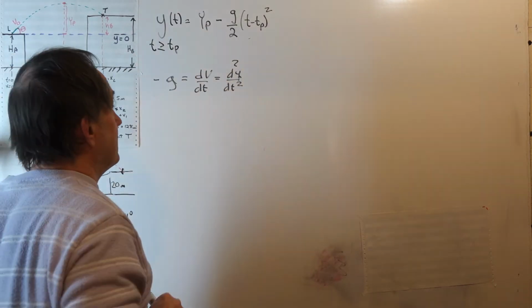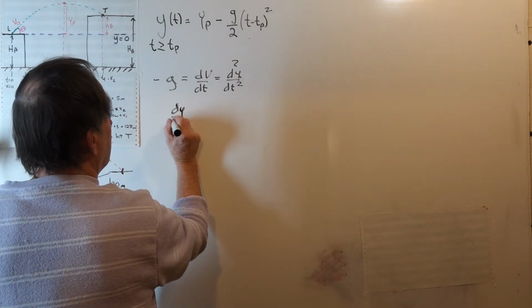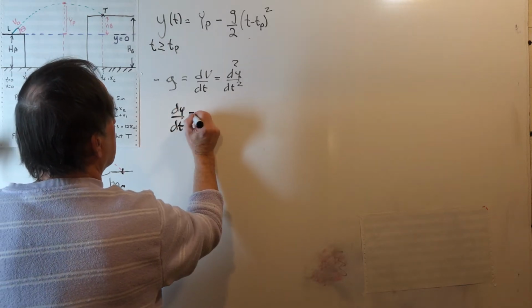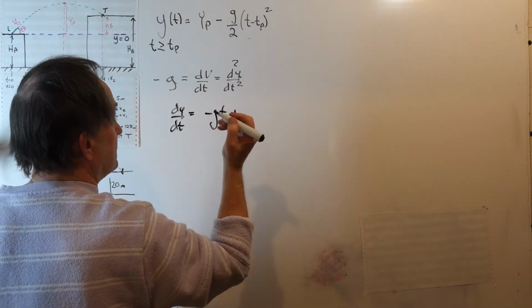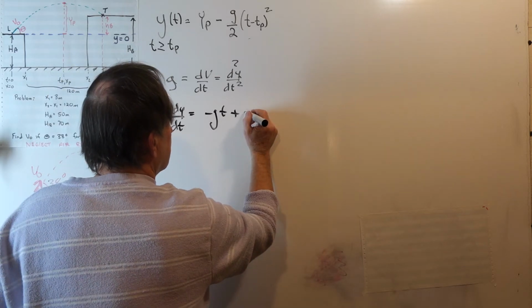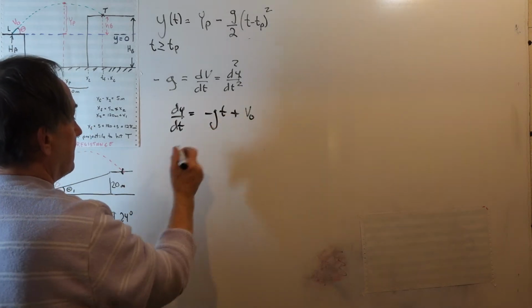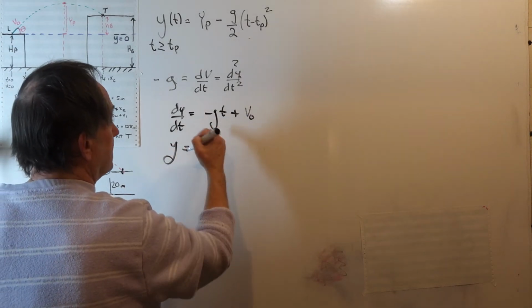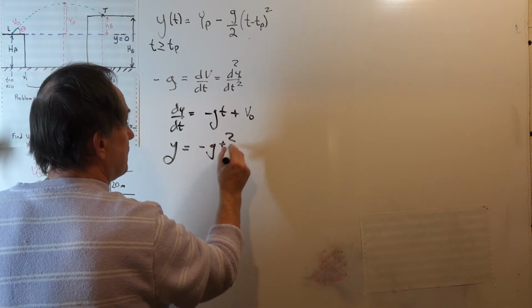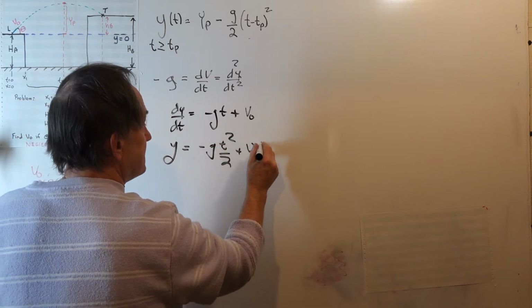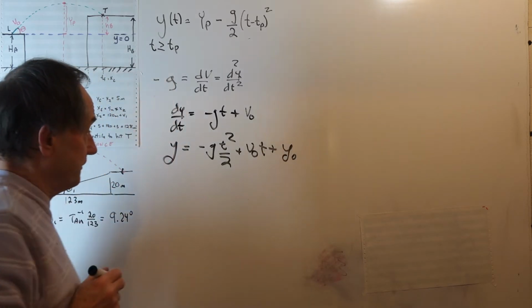That is the acceleration due to gravity. So if we integrate this once, the derivative of y with respect to time is minus gt plus some constant, which would be the initial velocity, call it v0. And then we integrate again: y equals minus gt squared over 2 plus v0 t plus an initial position, y0.